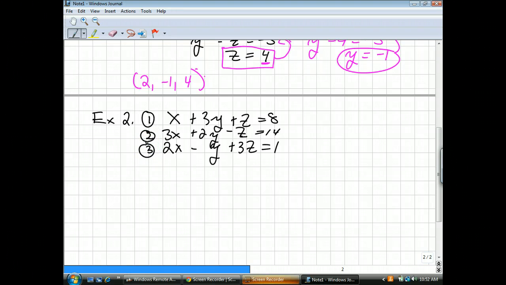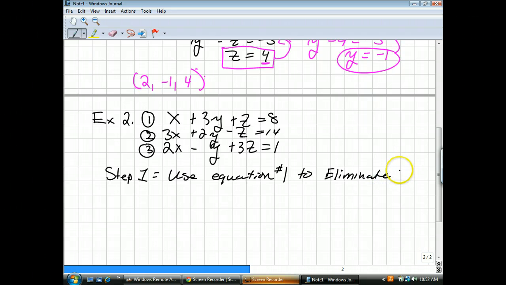So what we're going to do is step number 1. Use equation 1 to eliminate x from equation 2 and 3.